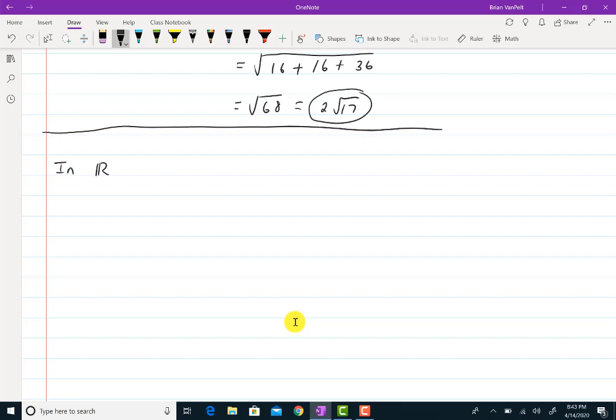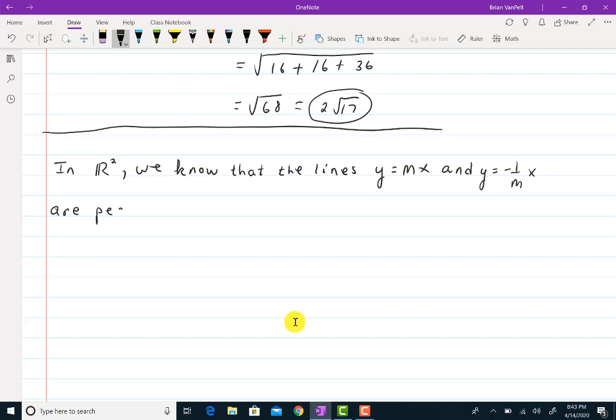Now in R squared, we know that the lines y equals mx and y equals negative 1 over m x are perpendicular.